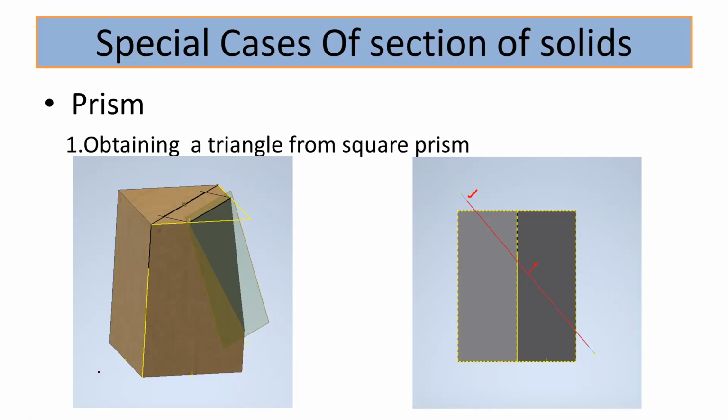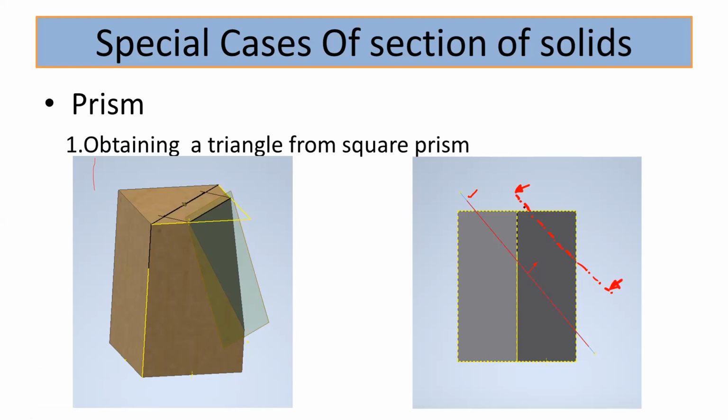If you want to obtain the triangle, then we should take the position which is parallel to this plane, but we need to shift that plane in the upward direction. So if you take the section plane like this, then it will give the true shape as a triangle.